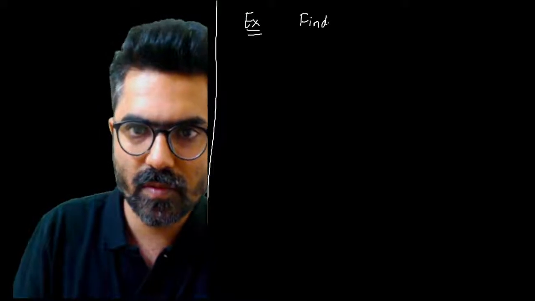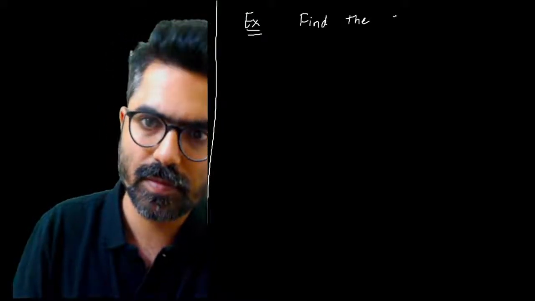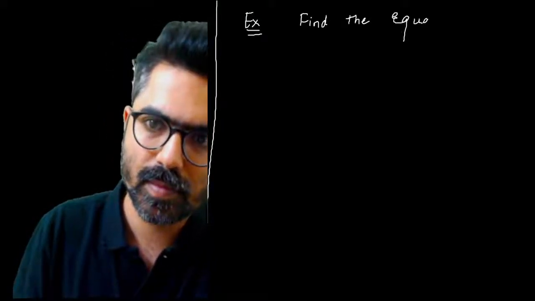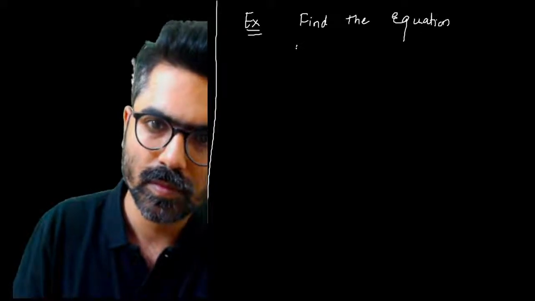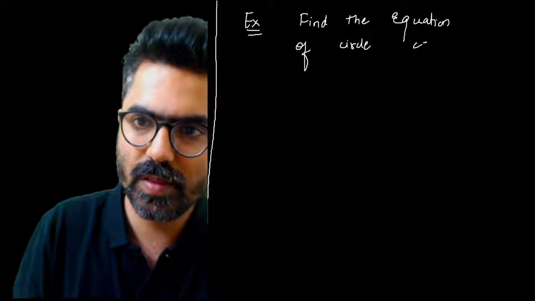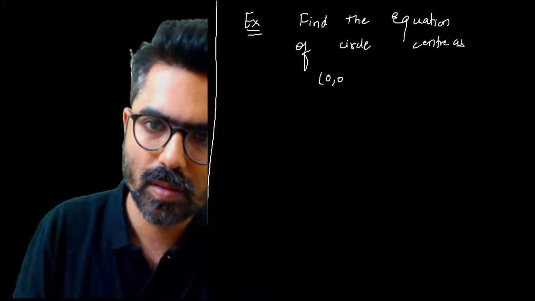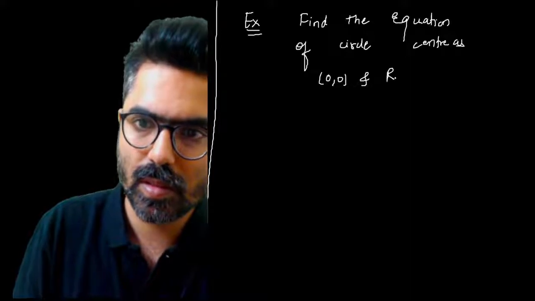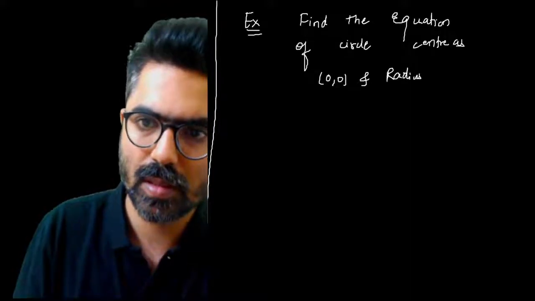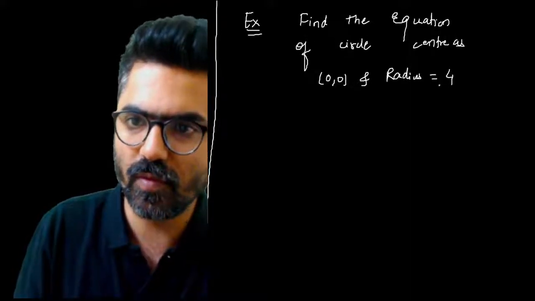Now let's take a basic example to understand that form clearly. Find the equation of circle with center as origin and radius equal to 4.